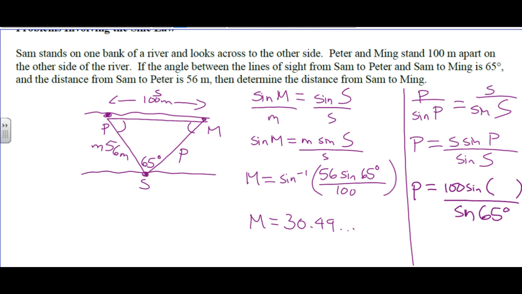So I get 84.50039913. That's what goes in. So now I go 100 times the sine of second function answer, bring in the angle that I calculated, divided by sine 65, close bracket, enter. And I get 109.8298923. So 109.8 meters. Okay, 109.8 meters.